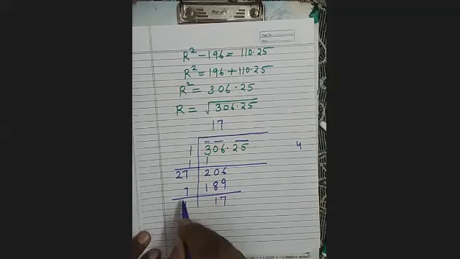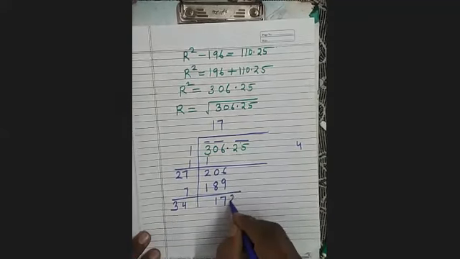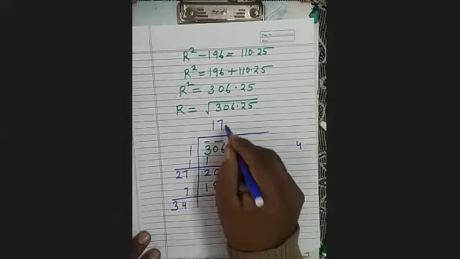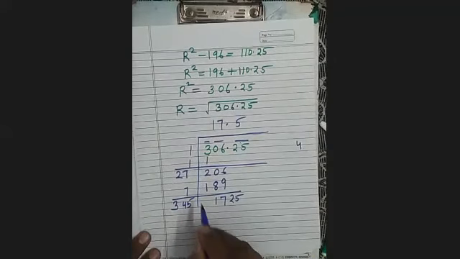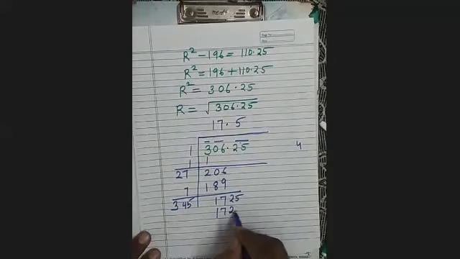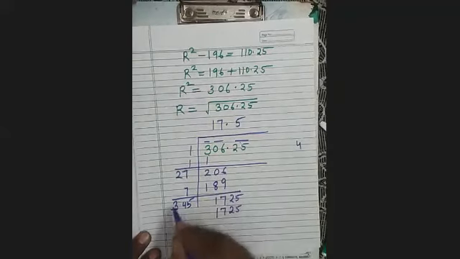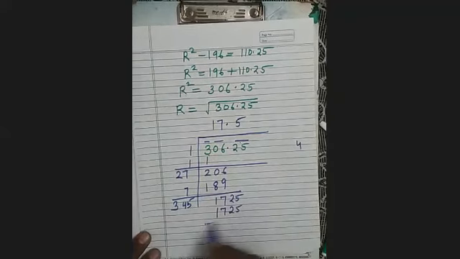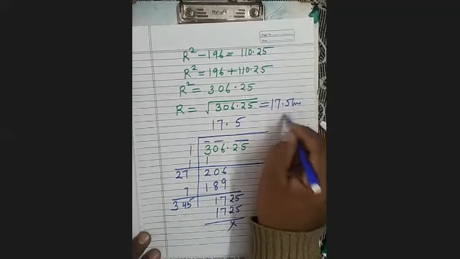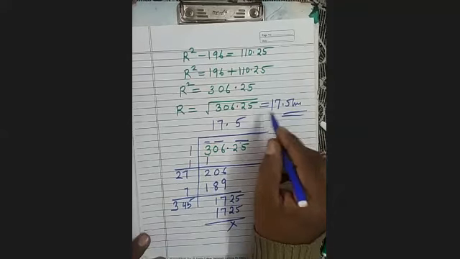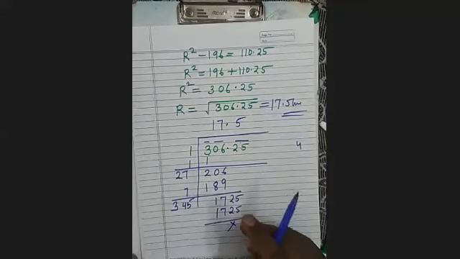So it will be equals to 34. Now you take 25 here. So it will go how many times? 5 times. So 17 25. When you will multiply 5 with 345, it will be this. So square root will be 17.5 centimeters. So this is the radius of outer circle.